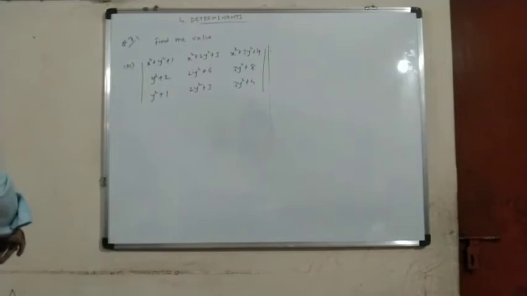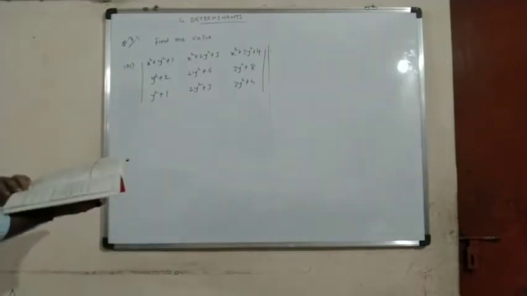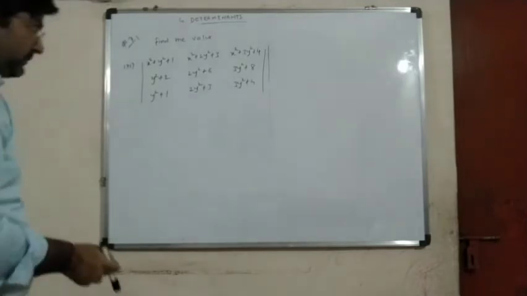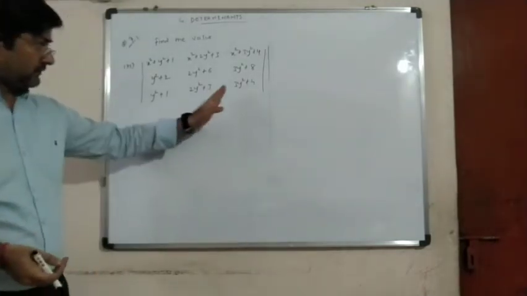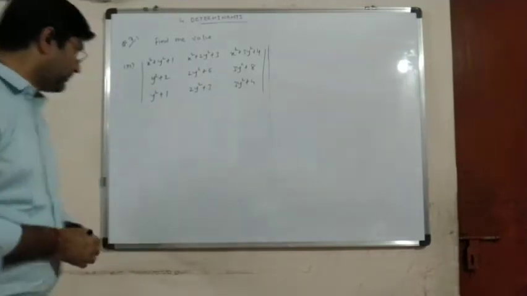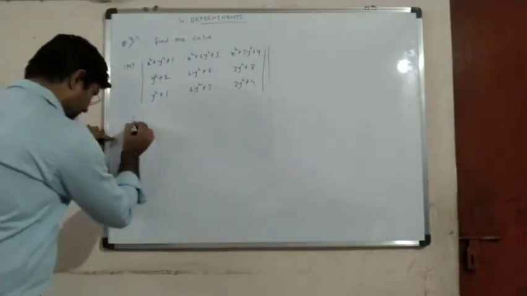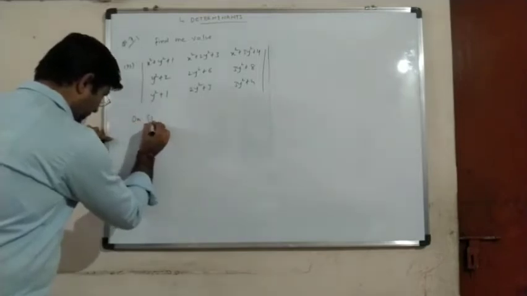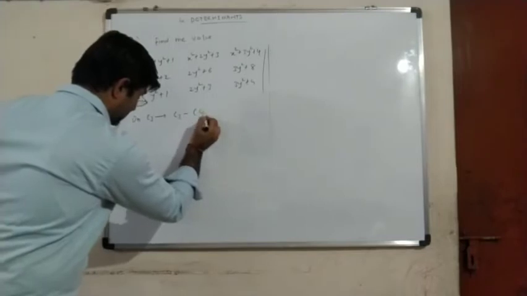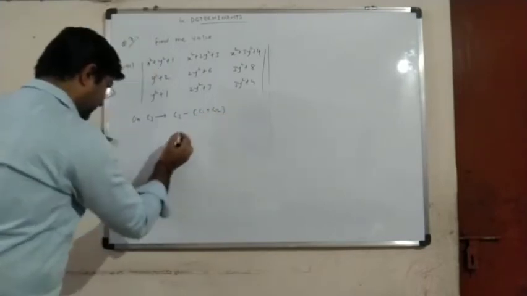Okay, x square, let me first check whether it is x square, yes. Now we will begin with the operation on C3: C3 minus C1 plus C2 we will do. So let us do that on the third column, minus C1 plus C2.